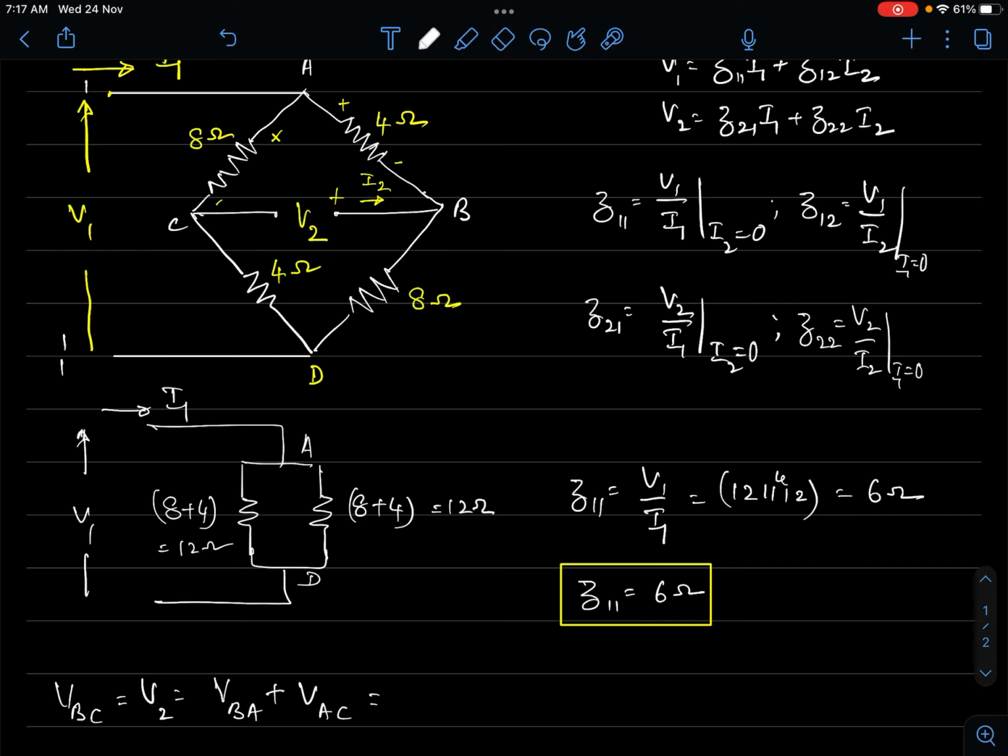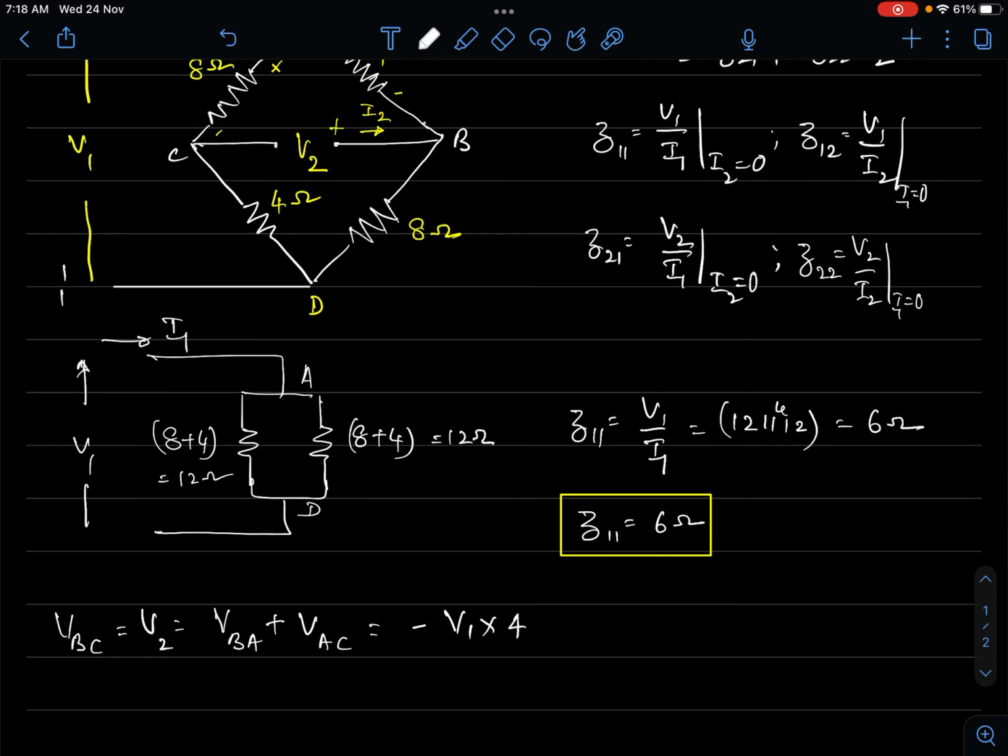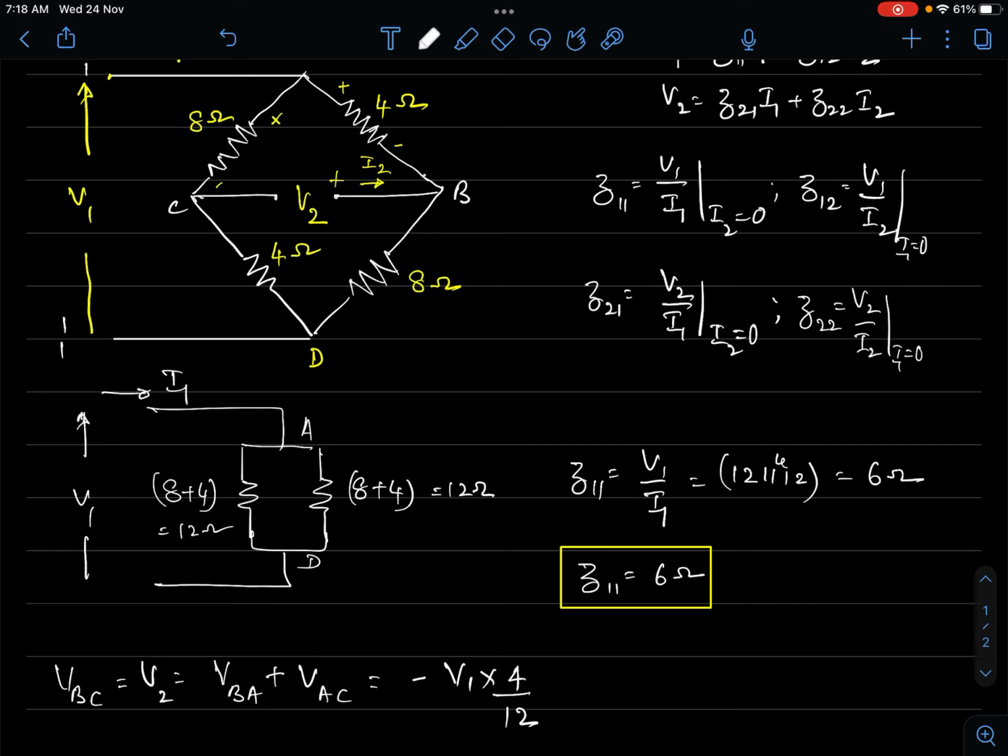So it is V1. I'm going from negative to positive, a gain in potential. So I will take minus V1 into 4 divided by 12. Okay, so that is the potential difference across B and A.